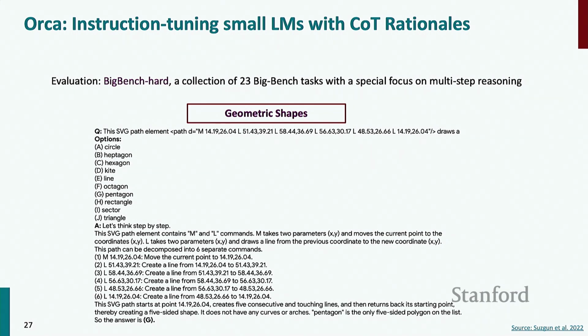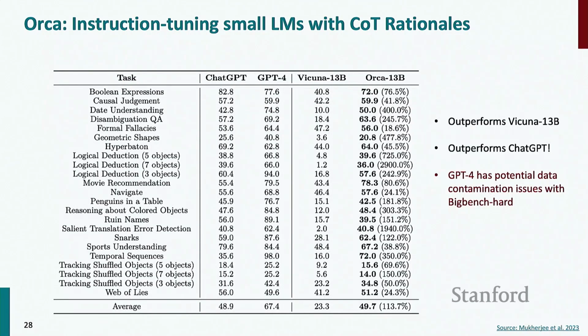We don't know if it's correct, but it's going to produce some answer, okay? So it's basically this data set covering different kinds of reasoning, spatial reasoning, date understanding, evaluating Booleans, and it's multi-choice, so it's easier to get an accuracy number. So it covers a wide variety of different tasks.